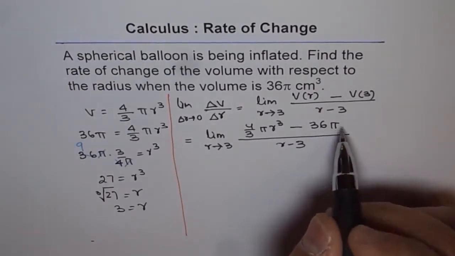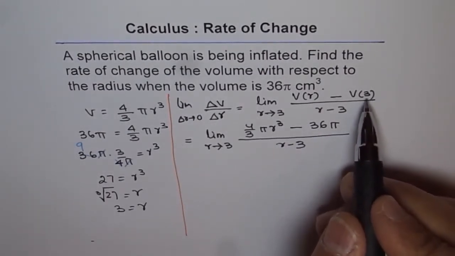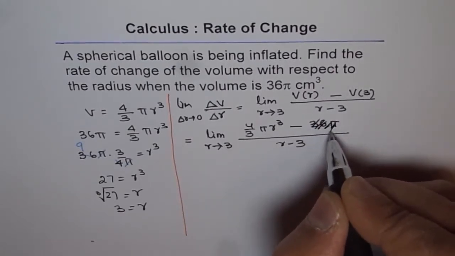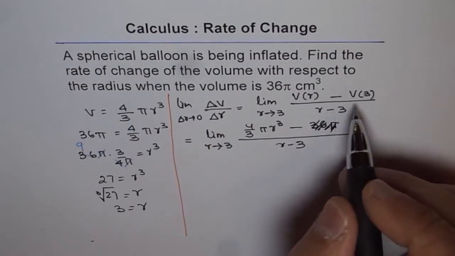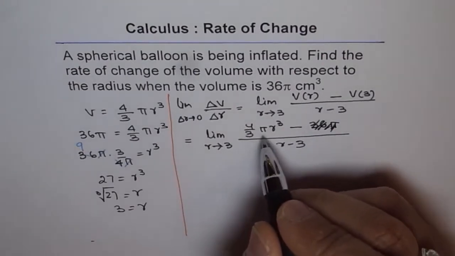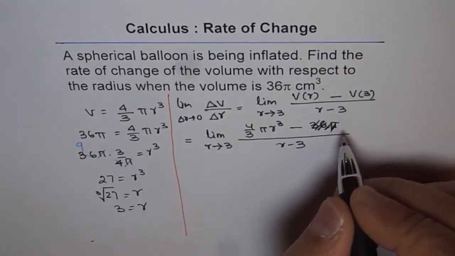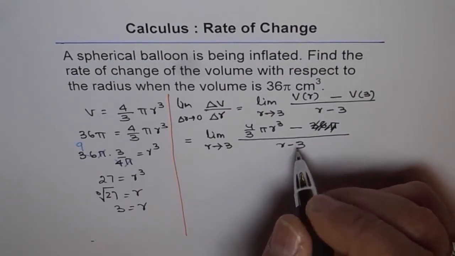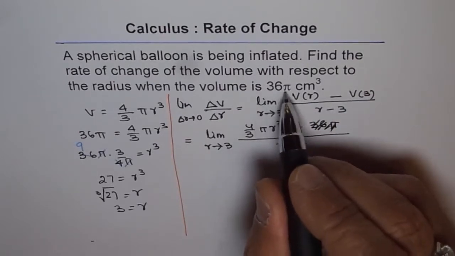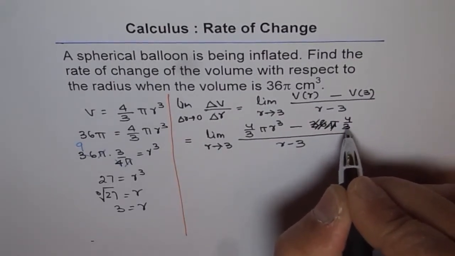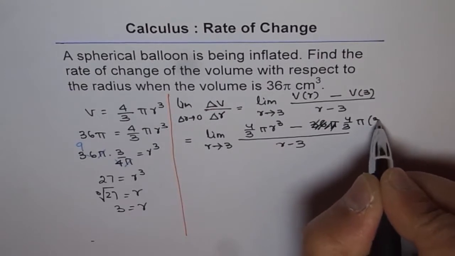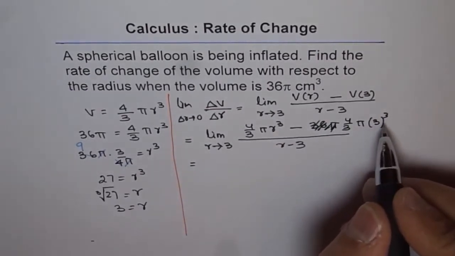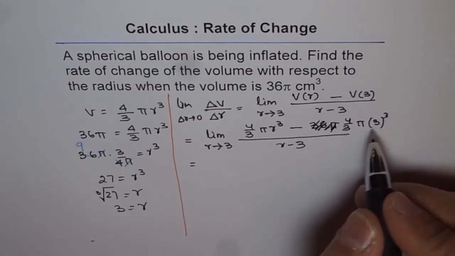Well, it was better if we write in terms of 3 itself. I'll show you how. So let me change this. And let me not write 36 pi here. Let me write this formula in terms of 4 by 3 pi 3 cube. So I'll show you how it helps to factor and get the answer, right? So we'll write 4 by 3 pi 3 cube, right?